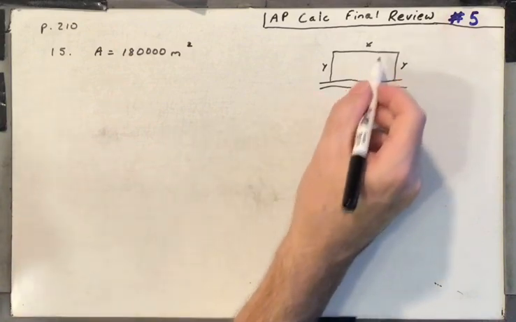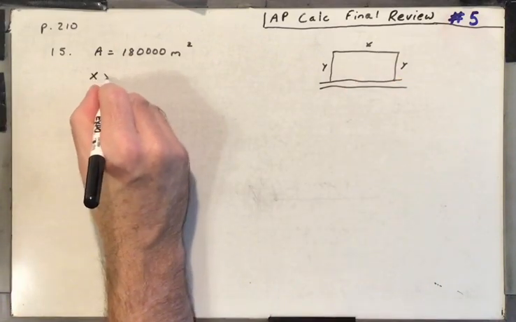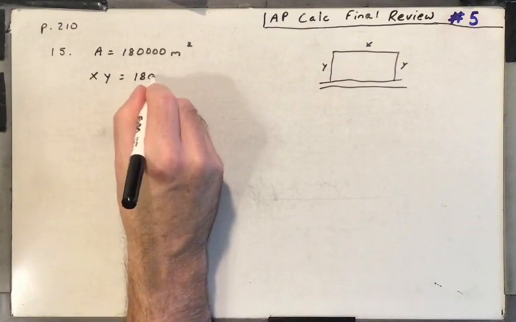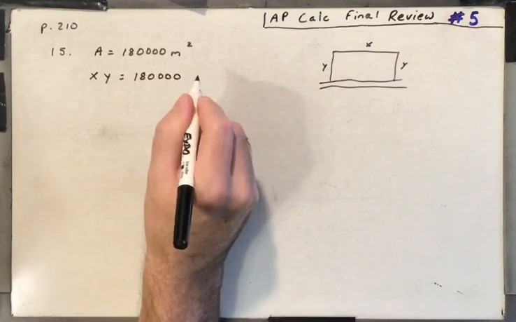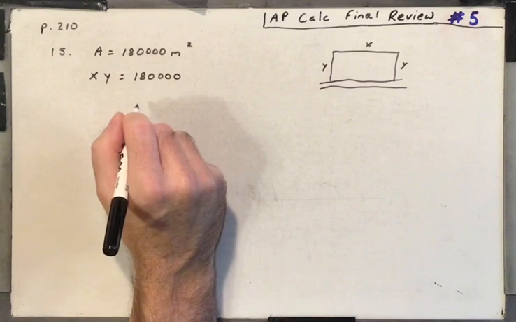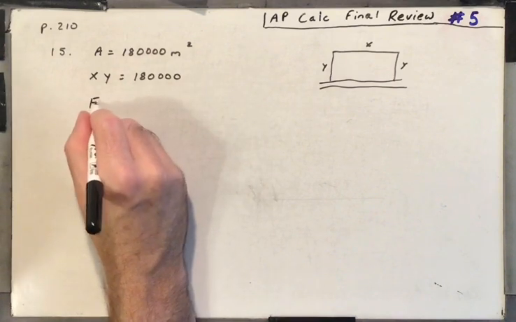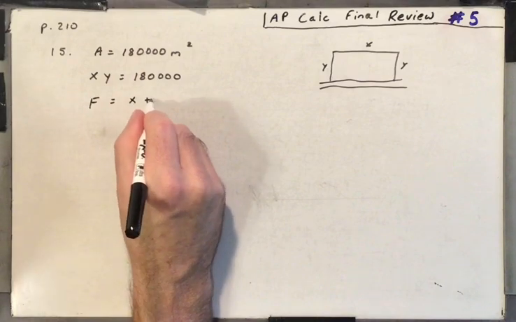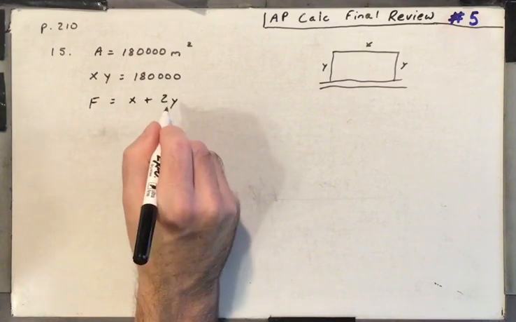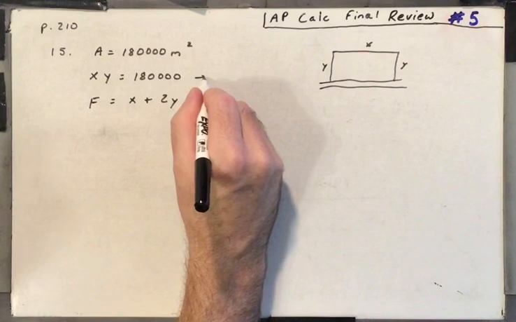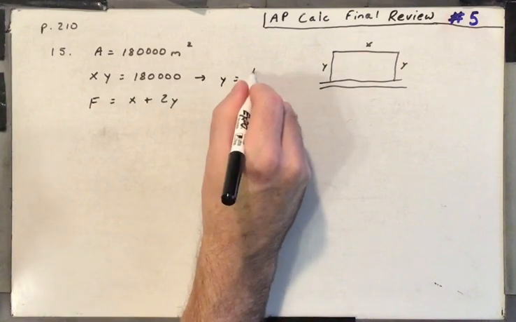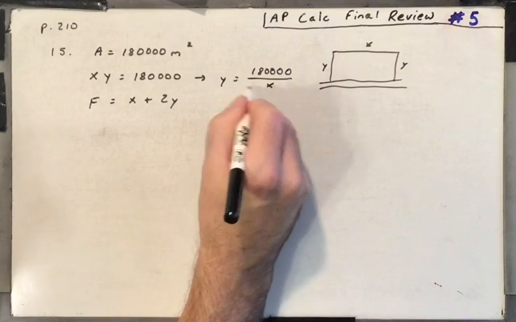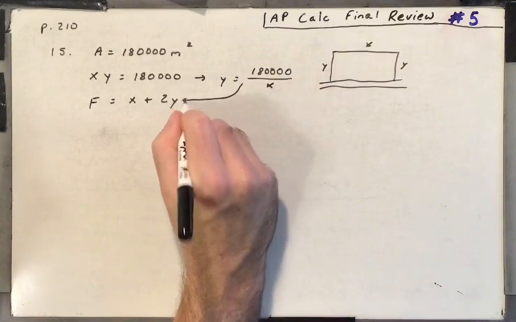Has to be that. So you know that x times y, because that's the area equation, has to be 180,000. And we want to minimize fencing. Let's call that F. So fencing would be x plus 2y. So we can solve for y, that's 180,000 over x, and plug that right here.